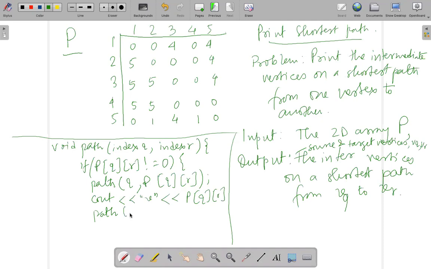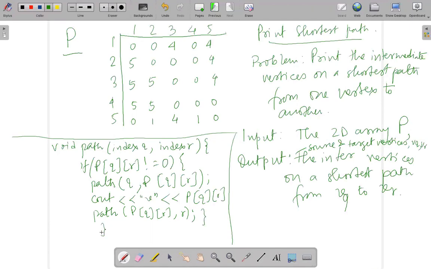You again call the path function with PQR and R as the arguments.